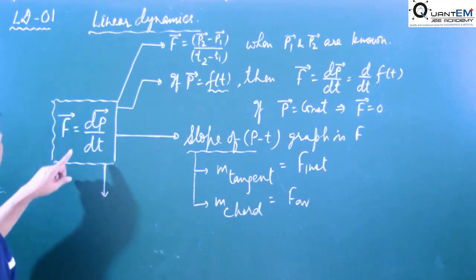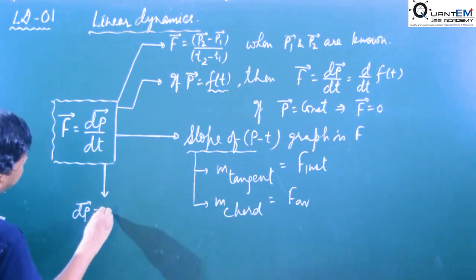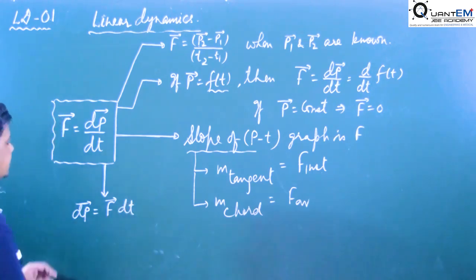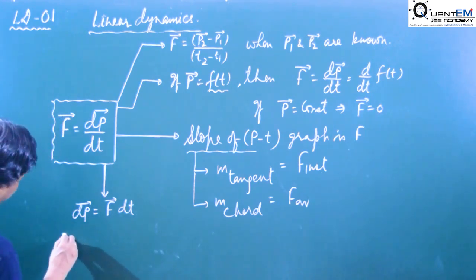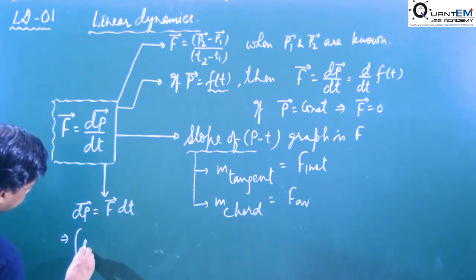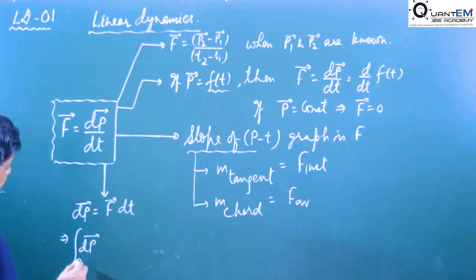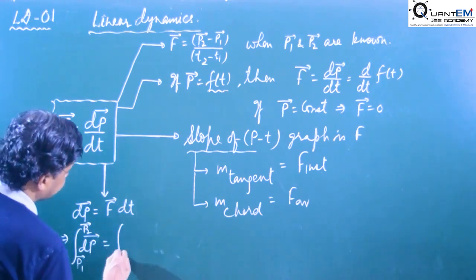Okay. Now we come to the next part. Now see, from this formula we may write dp is equal to F dt, that is the small change in momentum. So for getting the change in momentum we will have to integrate the function. So integrating both the sides, the initial momentum we have p1 and the final momentum we have p2.